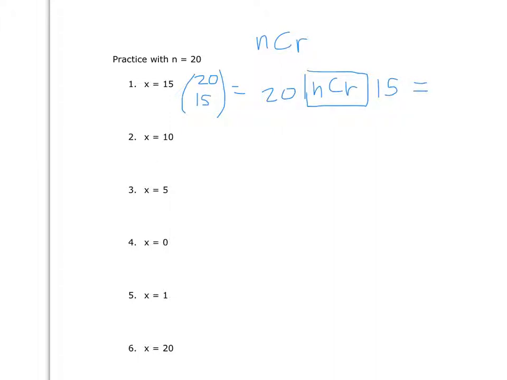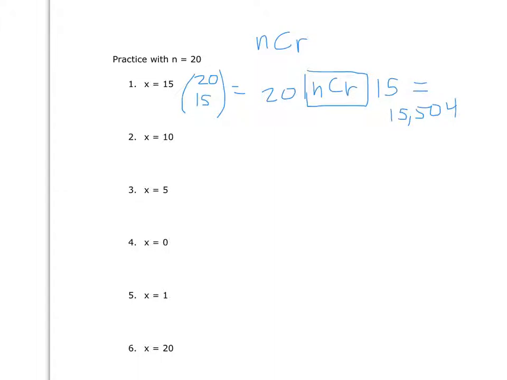And what you should get is a fairly large number, 15,504 ways. So we're fortunate that we don't have to write down all those possible outcomes. But that's how many ways you can select 15 from 20, 15,504 combinations of 15 that you are choosing from 20.